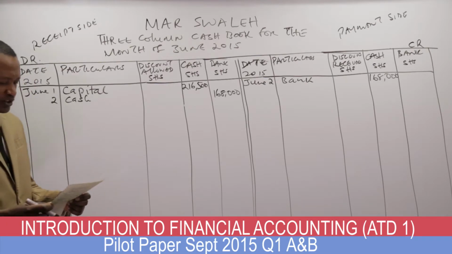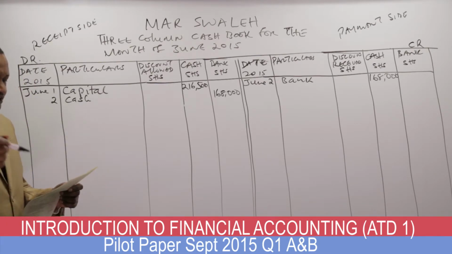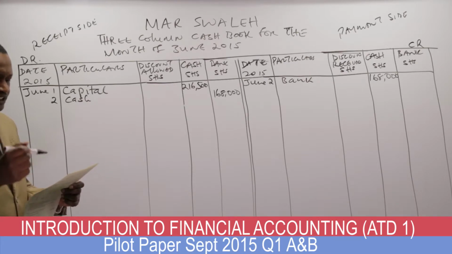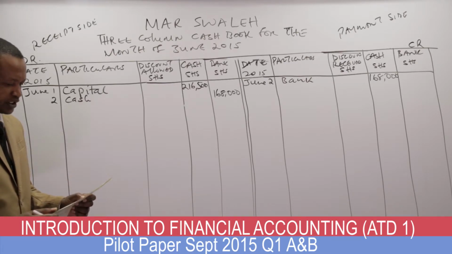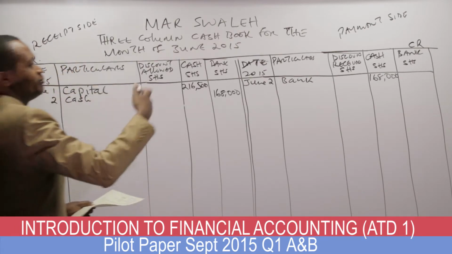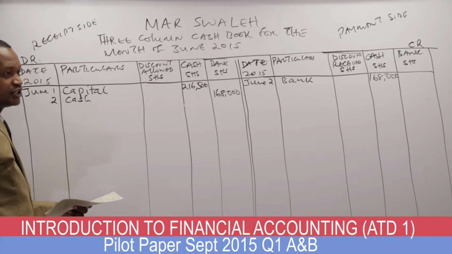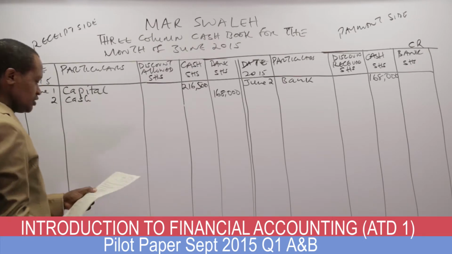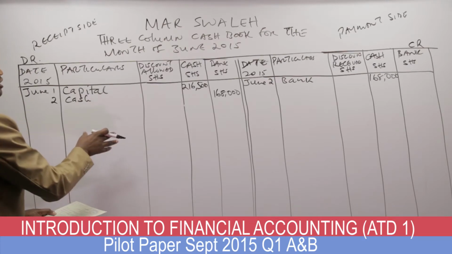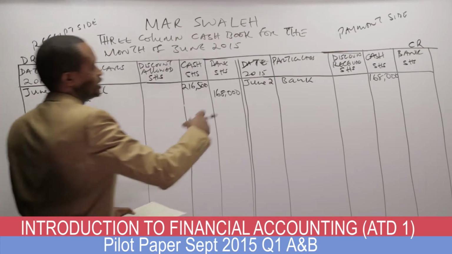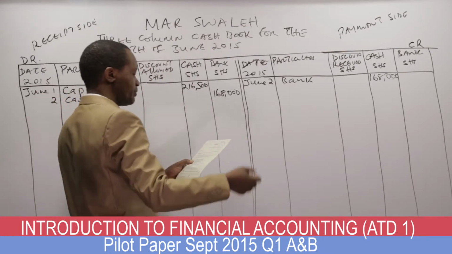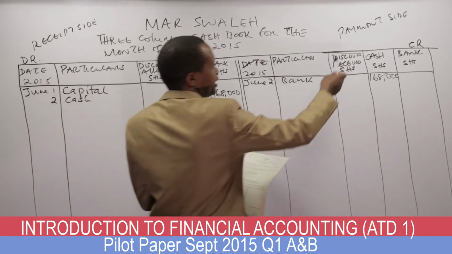On fourth, you are told, paid by check 6 months rent in advance amounting to 72,000. He paid, so is that a receipt or a payment? As I said, it's just English. Paid by check. Are we going to debit the cash book or credit? We will credit, because you are told paid. We are talking of the payment side.